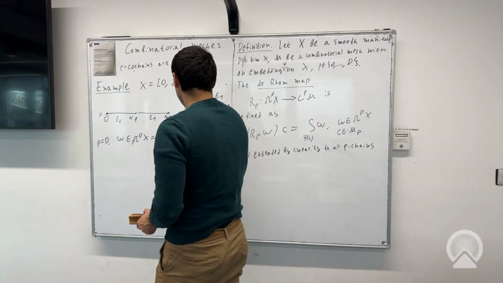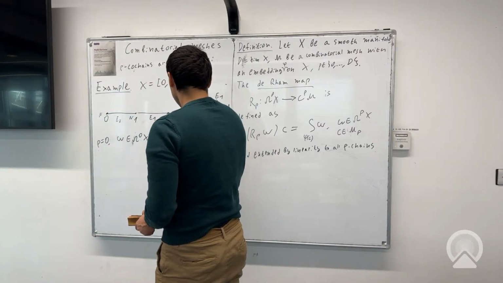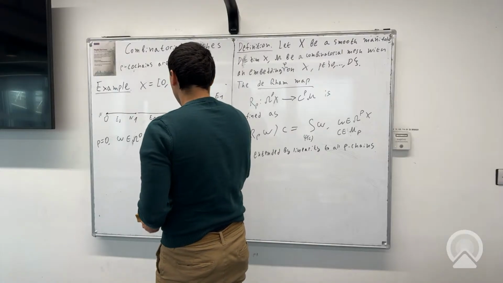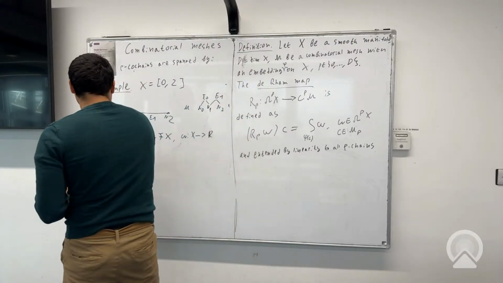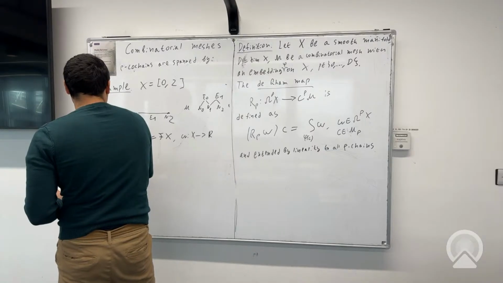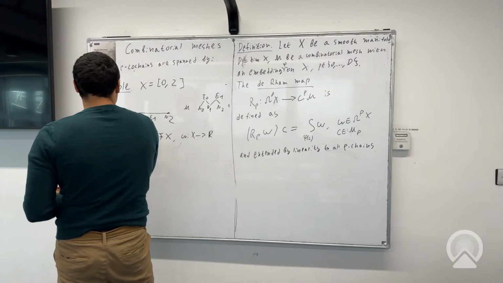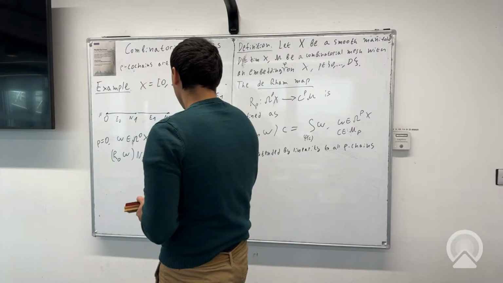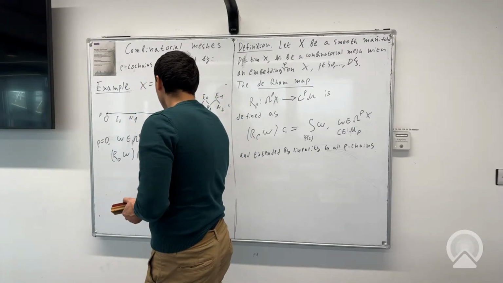So omega is from X to R. Then R^0 omega at, let's say, N_i will be the integral of phi of N_i.